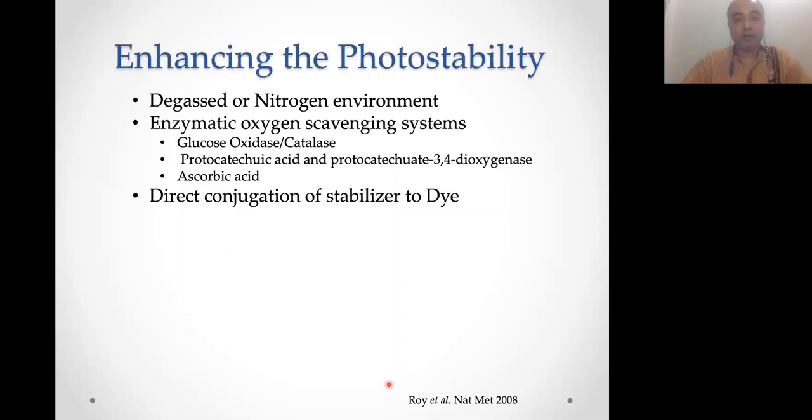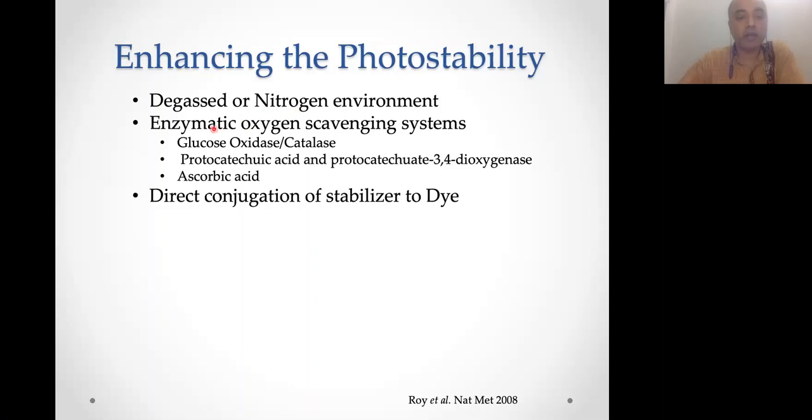Many ways exist to increase the photostability of the dye, and those are things that you can take advantage of. For example, oxygen produces radicals which are highly reactive, and if you remove them from your solution system, either by degassing or putting everything into a nitrogen environment, you will make your dyes last longer than usual.